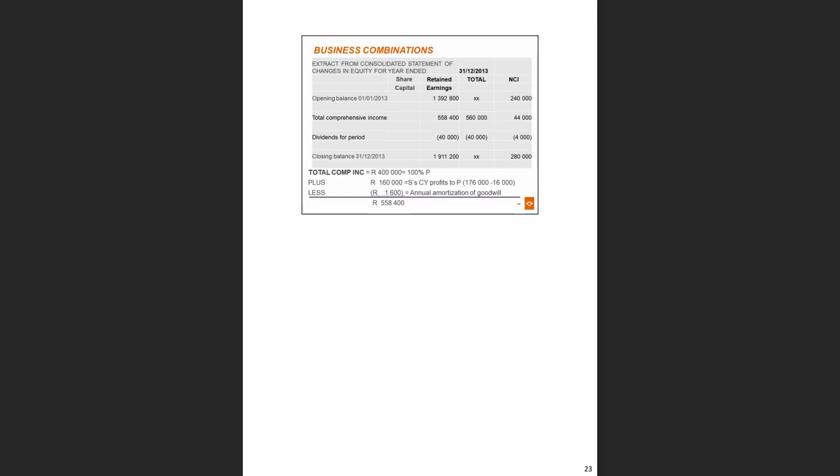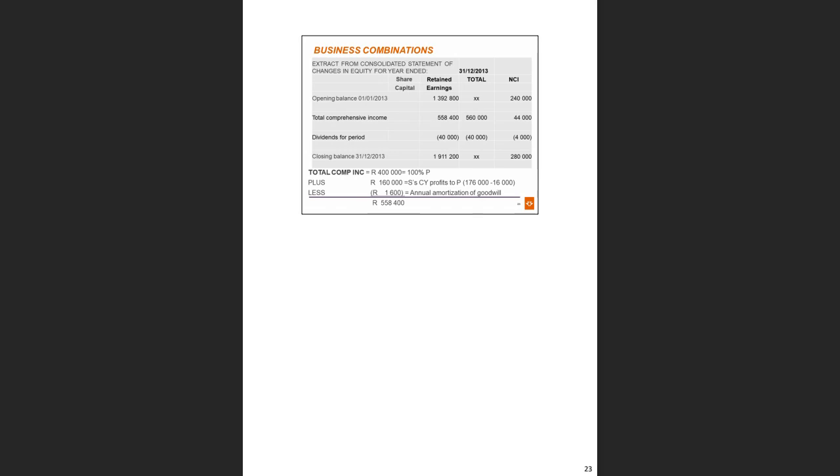So when we're calculating our profit here, we are going to take 80% of that, which is 176,000, minus 80% of the dividend, which was 16,000, and that is going to give us S's current year profits, okay, after declaring dividends. Then we will include the annual amortization of Goodwill. Remember, we passed that journal entry for Goodwill and we said it was 1,600 Rand for the current year.